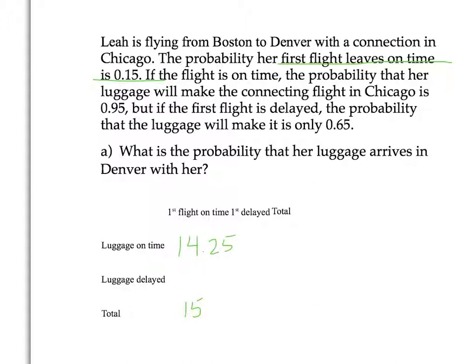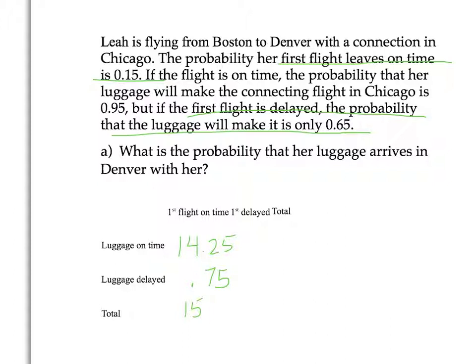It's 14.25. Now, I know that if the luggage is delayed, it's going to add up to the 15. That'll be 0.75 out of 100. The next thing, if the first flight is delayed, the probability that the luggage will make it is only 0.65.